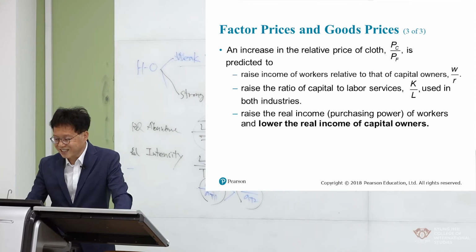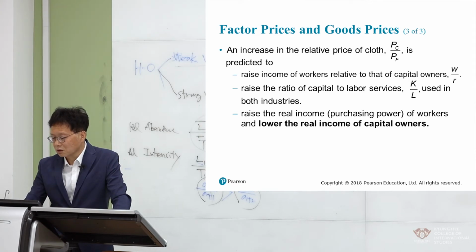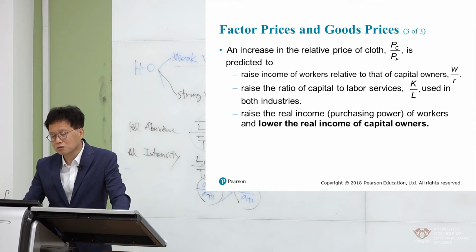An increase in the relative price of Q1, P1 over P2, is predicted to raise the income of workers relative to that of capital owners. Simply put, W over R increases, so the relative income of workers increases. How do we know this?